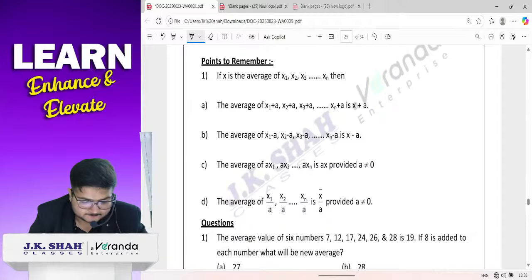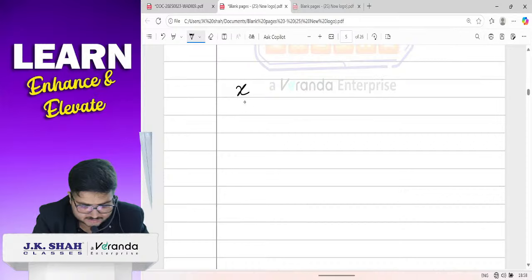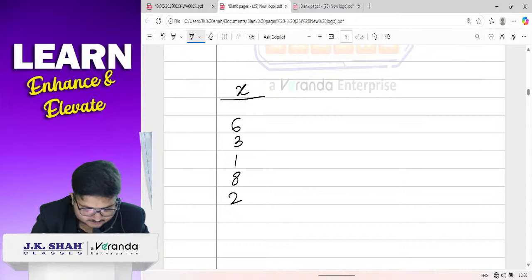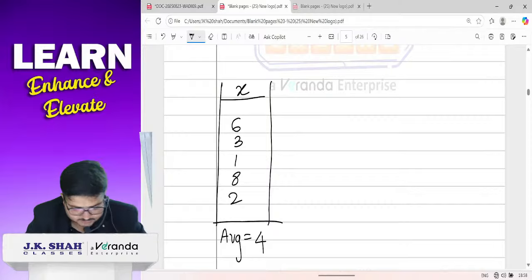Now, this point to remember is very important and very easy. I had taught you that, suppose we take 5 observations: 6, 3, 1, 8, 2. There are 5 observations and the average of these observations is 4. You can calculate the average. I know, so that is why I am just writing. Their average is 4.